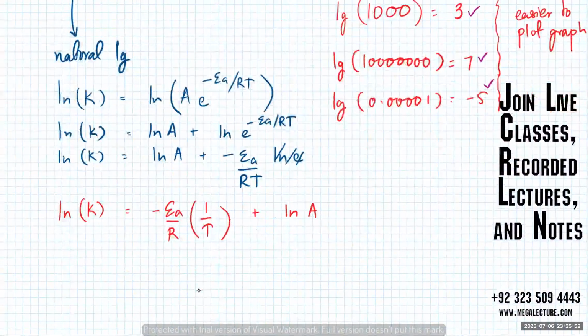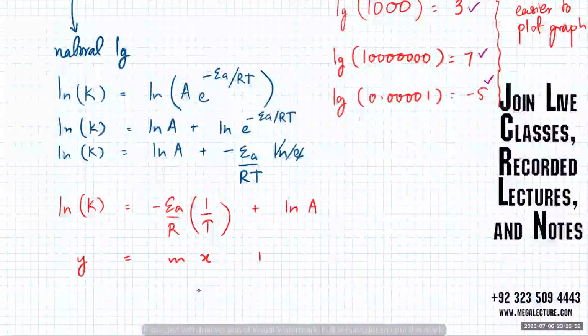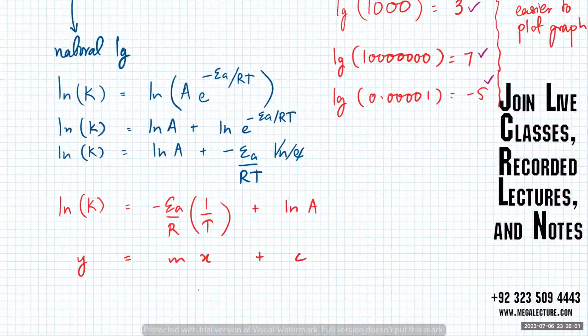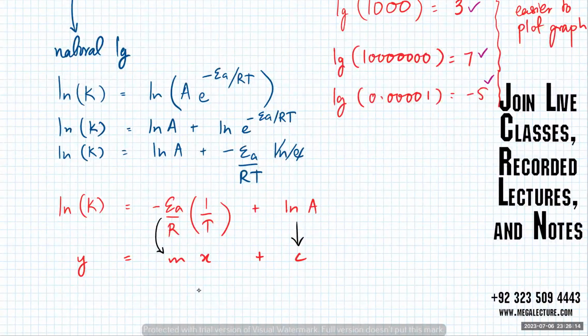Now this equation looks like y equals mx plus c. So your constant, your Arrhenius constant, was basically this thing. x is 1 over T. Your gradient of the graph is basically this thing, Ea over R. So you can find that out.